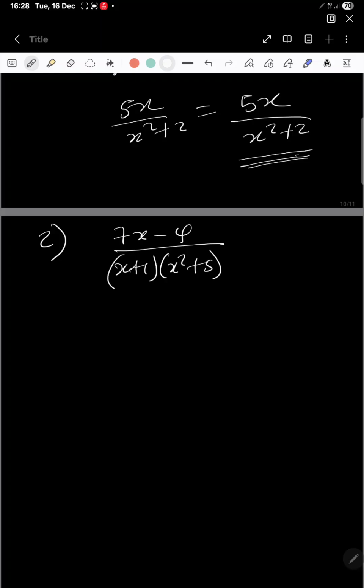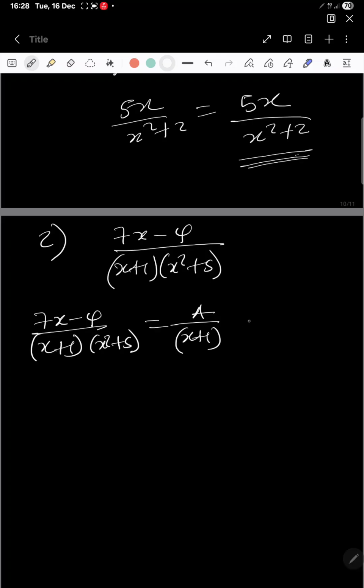Okay, so here what we're supposed to do is simply to start by writing the assumption. So for you to write the assumption of this, what you're supposed to do is you say 7x minus 4 over x plus 1 and x squared plus 5 is equal to, you have a over x plus 1 and plus b.